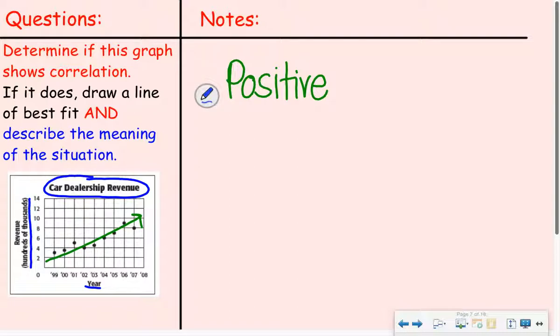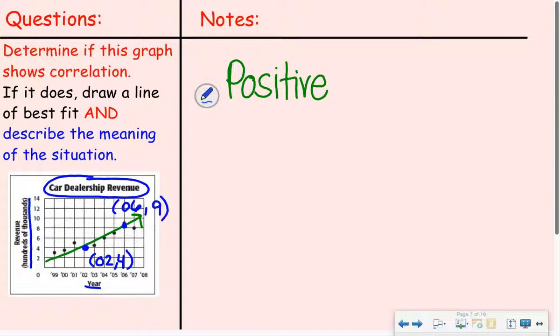So let's pick a couple years here. So this is our first one that's pretty close to my line of fit. So in 2002, $1,000 of revenue. And in 2006, the revenue was up to about 9.